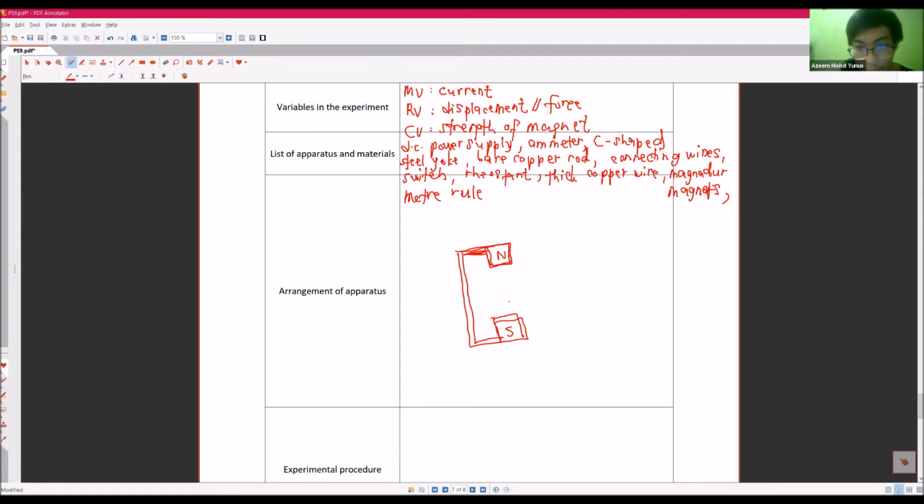And then you put the thick copper wire here and the bare copper rod here. So make sure that you draw it clearly. And then we connect the thick copper wire with a DC power supply, ammeter and rheostat, and a switch.